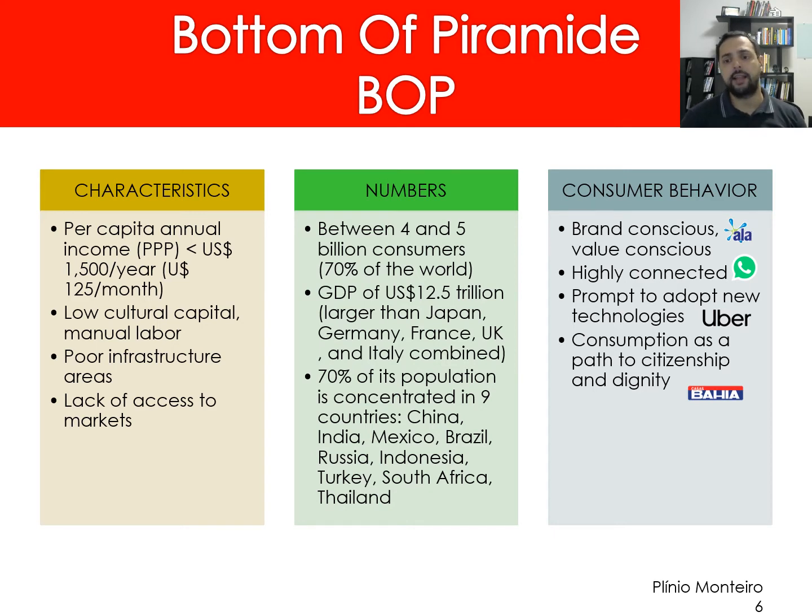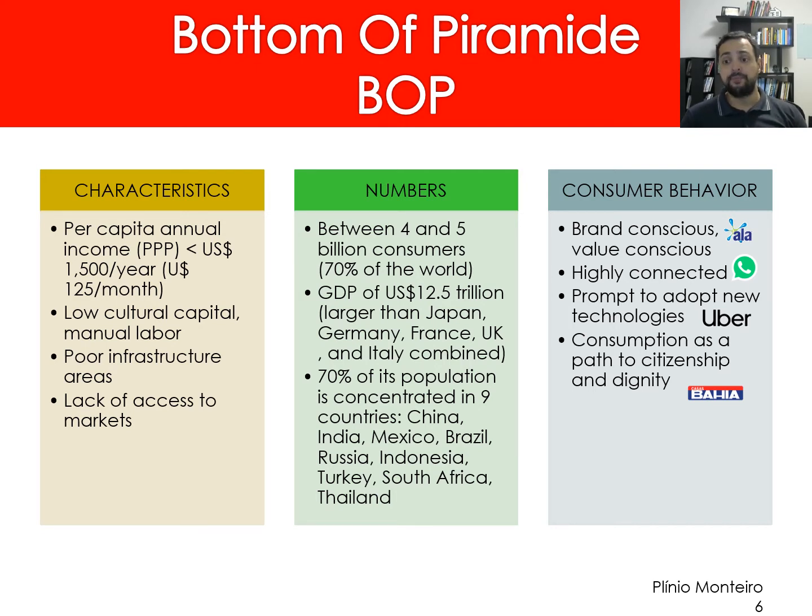And what's behind the customer behavior of this group? Many people believe that this group doesn't care about brand, but they have a consciousness of brand equity. The point is that sometimes they cannot afford more expensive brands, but they are what we can call value conscious.